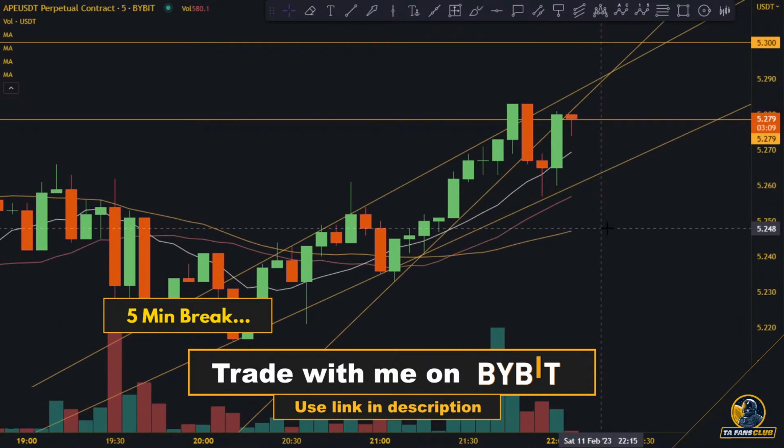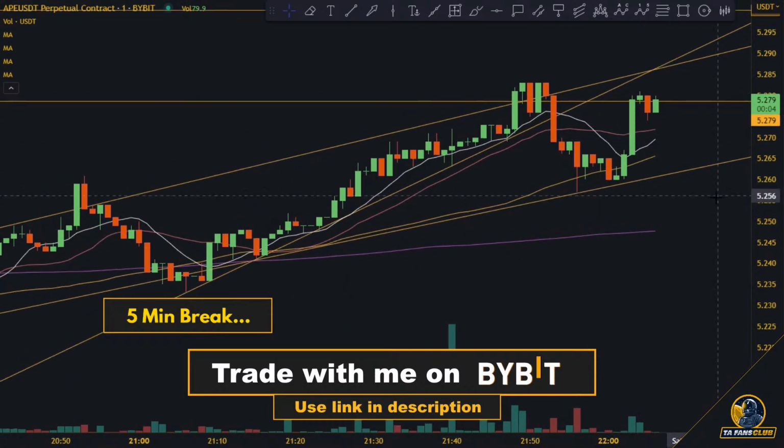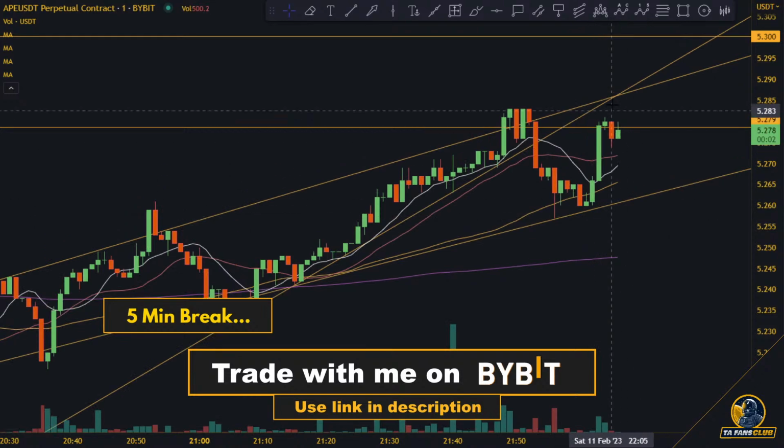Lower high. Yeah, some kind of retest. If it goes up here, that might be a problem, but as long as it just comes up here a little bit, it's okay.